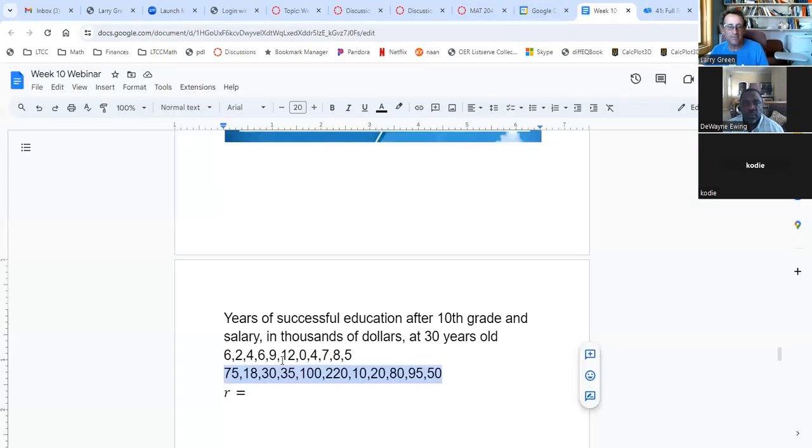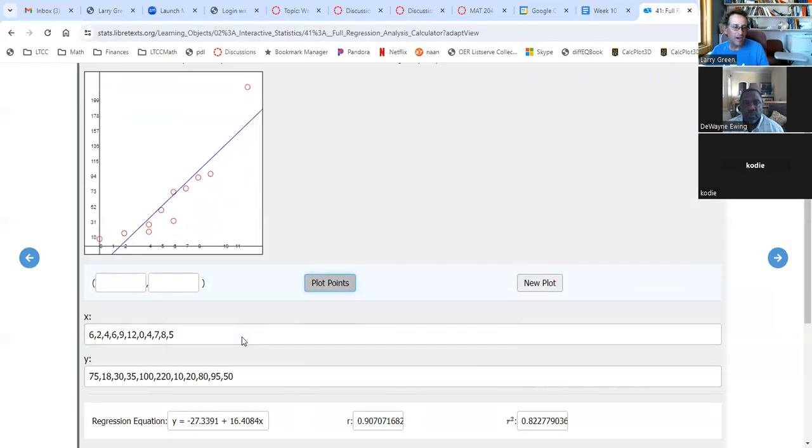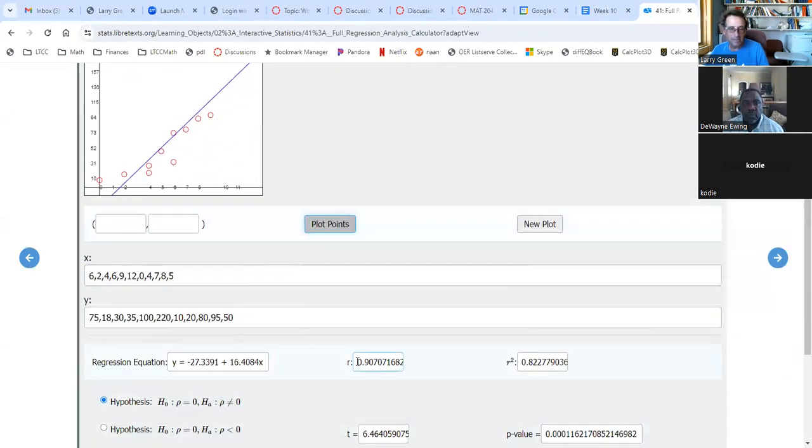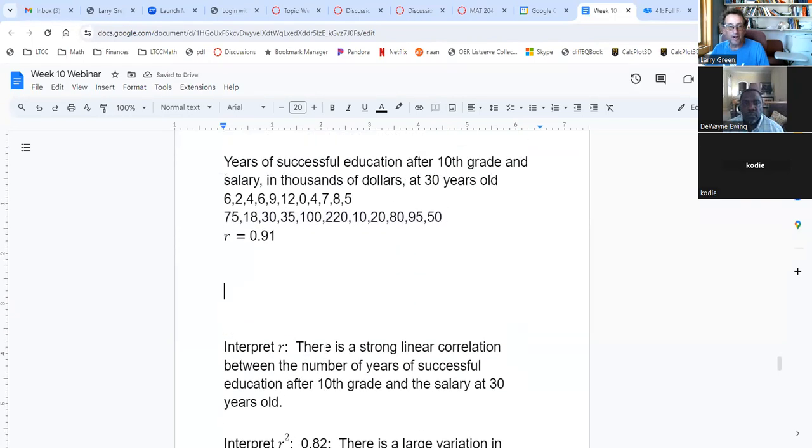Okay. So R was about 0.91. To interpret R, we can say there's a strong linear correlation between the number of years of successful education after 10th grade and the salary at 30 years old.